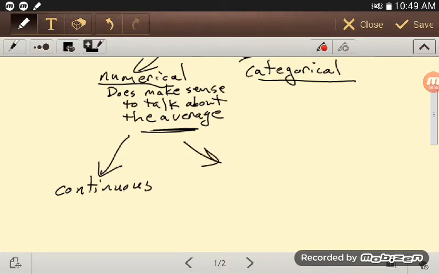Okay, under numerical, we have continuous, and we have discrete. So discrete are things that do happen as integers, typically for our data. So you could keep track of, say, the number of trees in a field, and that would be discrete, or the number of people.